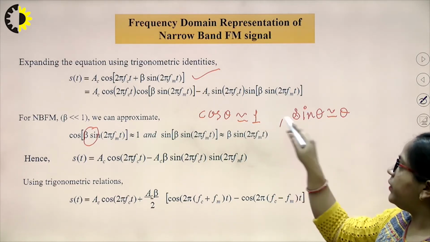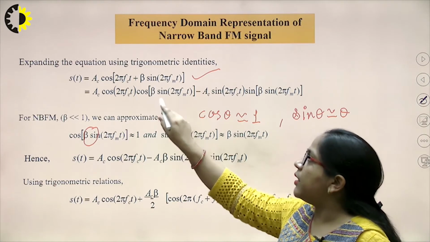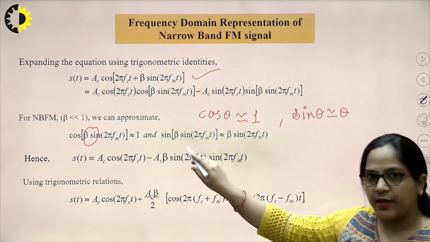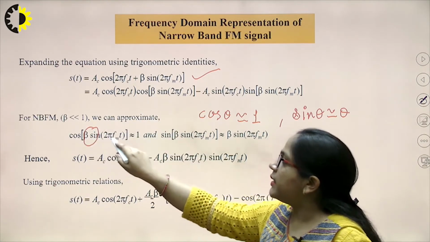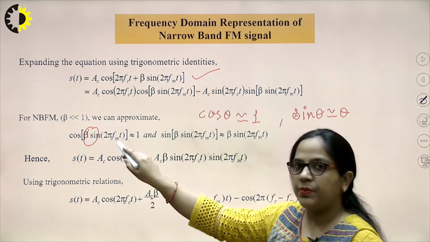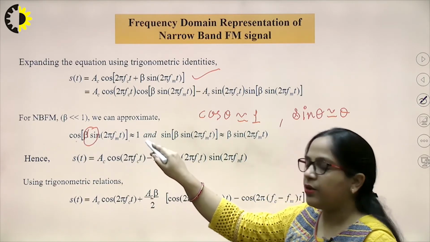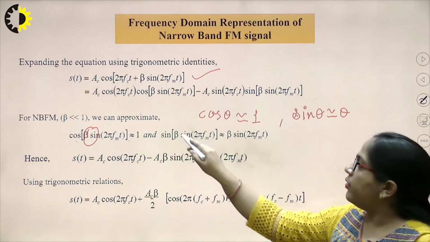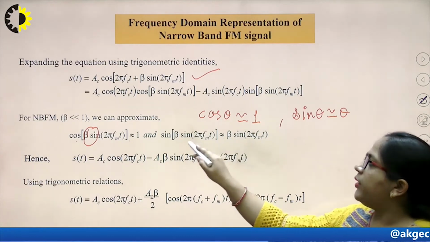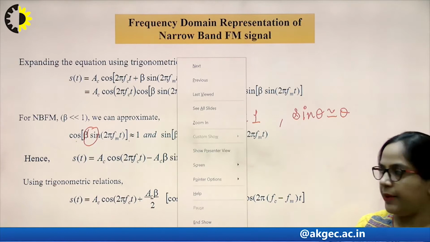With the help of these two approximations, if the value of beta for NBFM is much lesser than 1, then in cos(beta sin 2 pi fm t), this angle is much smaller, so we can consider cos of this angle approximately equal to 1, while sin of this angle is approximately equal to the value of the angle, that is beta sin 2 pi fm t.